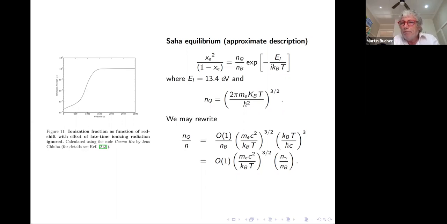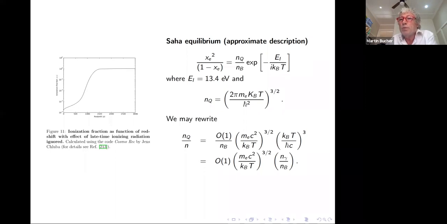But rather than describe codes and lots of effects, it's good to have a sort of oversimplified treatment where you figure out what's going on, and it'll be right to 10%, 30%, but it also gives you an idea, well, if you change such and such, how would that change the observation?